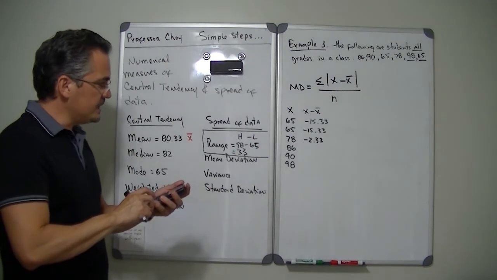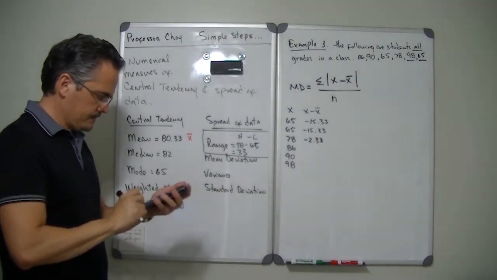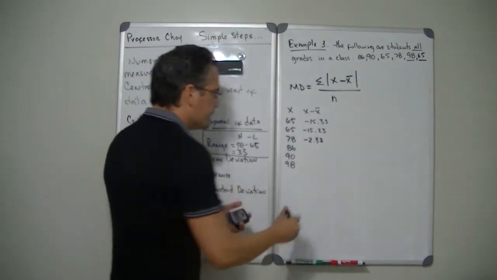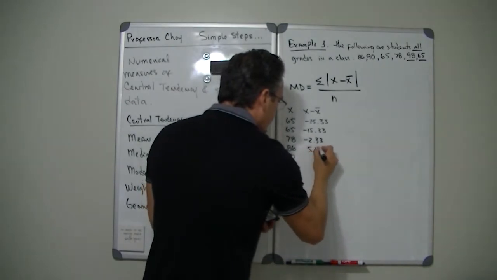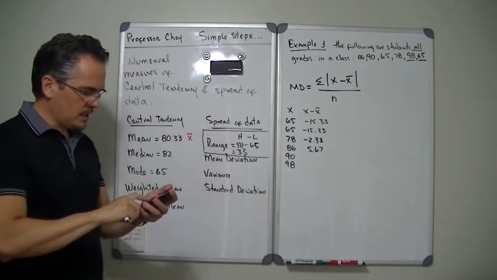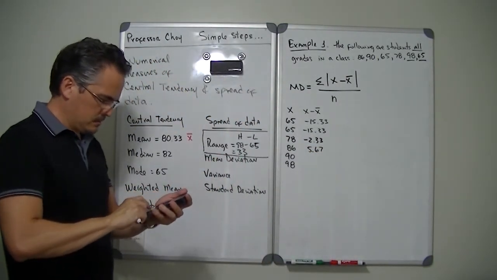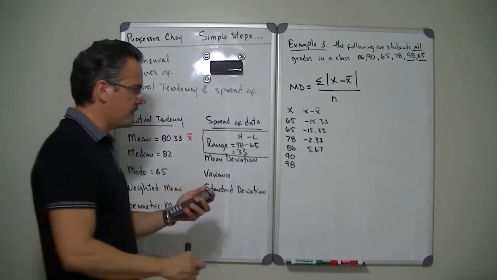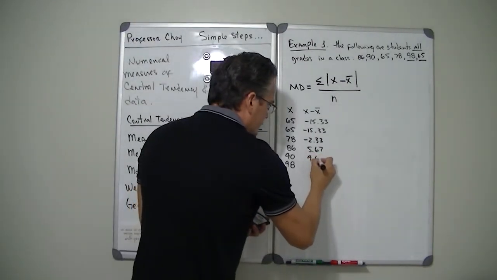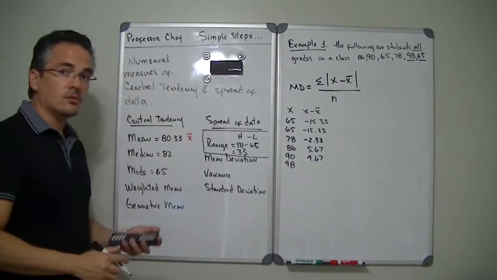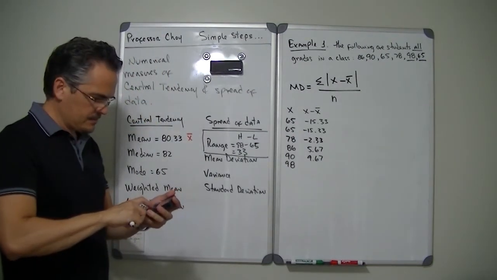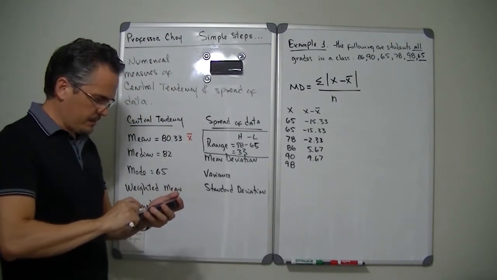Then we got to do 86 minus 80.33. Then we got to do 90 minus 80.33. Then we got to do 98 minus 80.33.